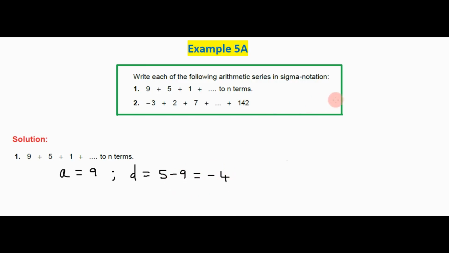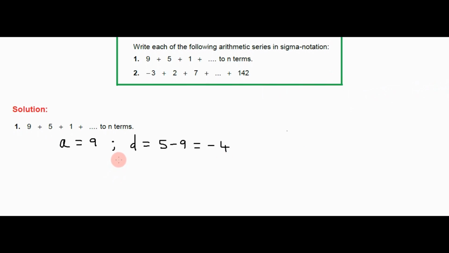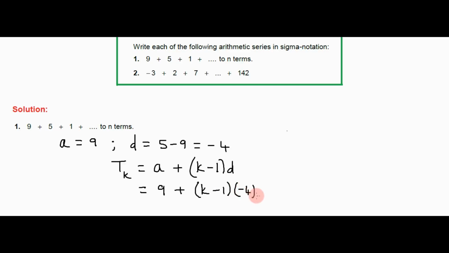Now we use the formula for T sub n, but we replace n with k. So T sub k equals A plus k minus 1 times D. And we're substituting A, so 9 plus k minus 1. And we also substitute in D, which is negative 4.